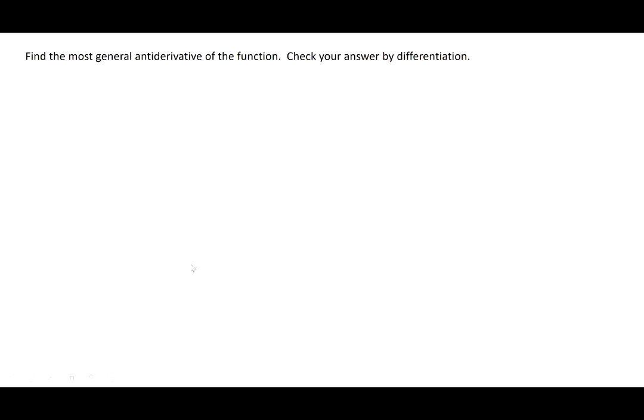In your book, at this juncture, they never say find the integral of something. Okay, instead they say find the most general antiderivative of the function. By that what they mean is find the antiderivative and add a plus c to it. Duh, that's the same thing as the indefinite integral, right?